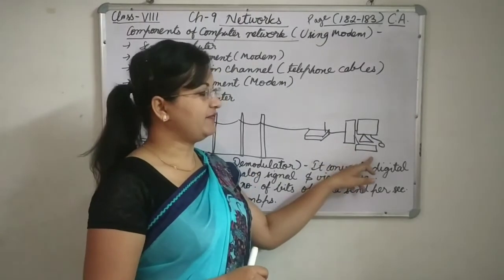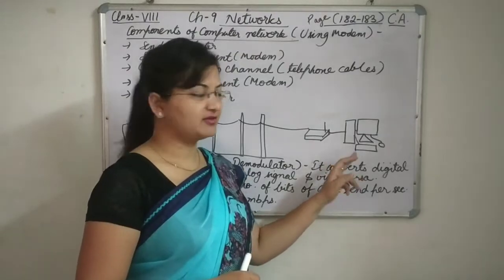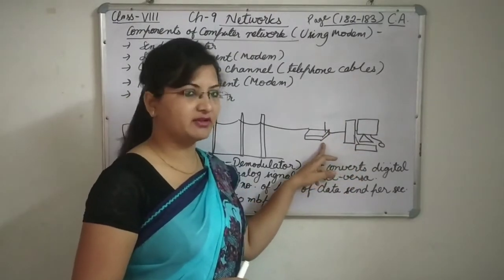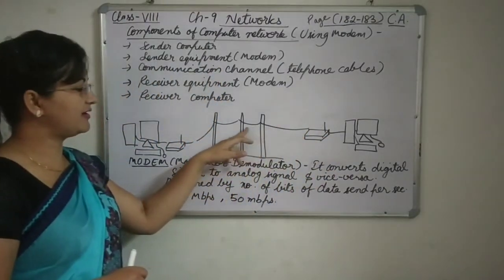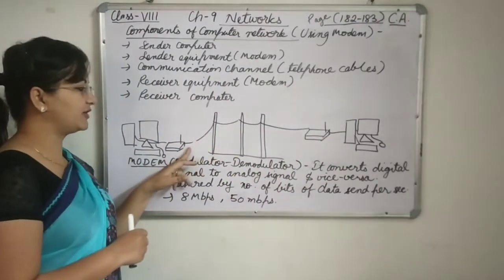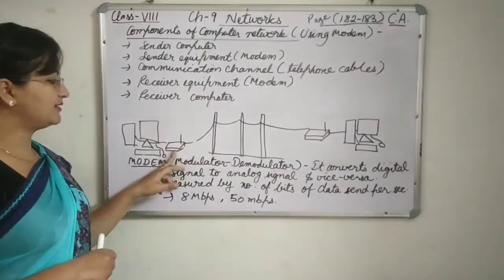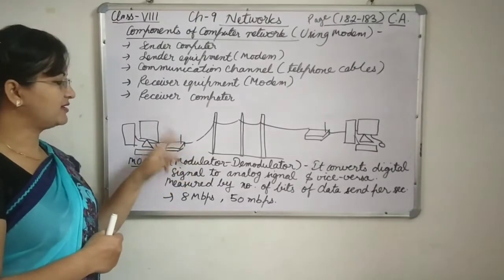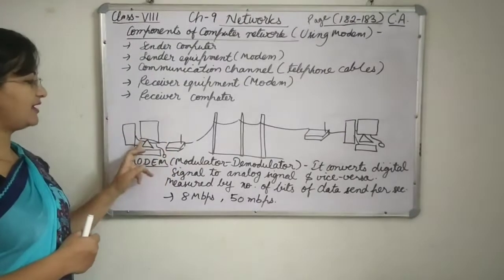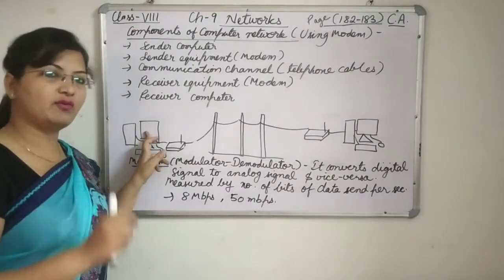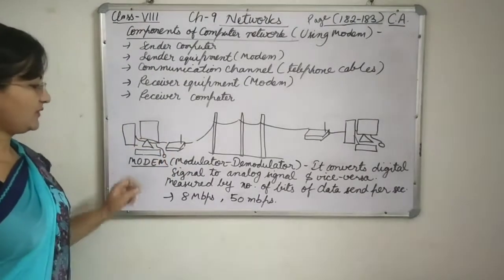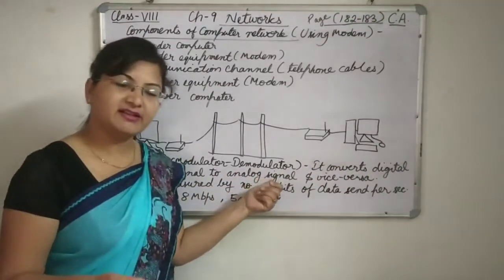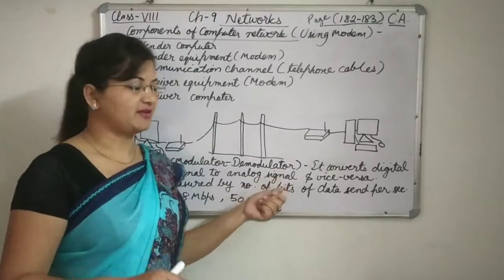Now, if the receiver is sending some message, the receiver modem will convert it from digital to analog signal. The analog signal will travel across the telephone cables, and then the sender modem will receive the analog signal and convert it into a digital signal, and then the digital signal can be seen on the computer. So that is why it converts digital signal to analog signal and vice versa.